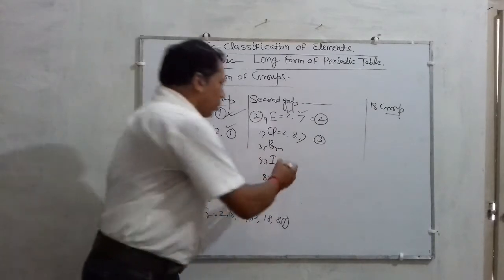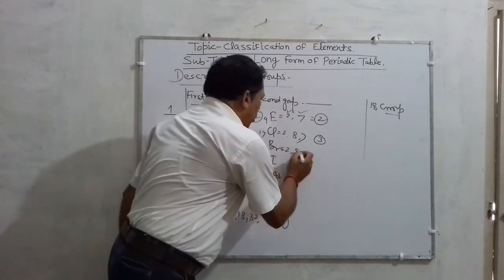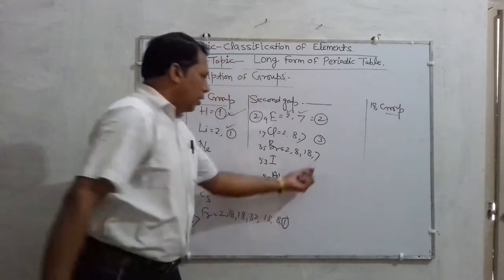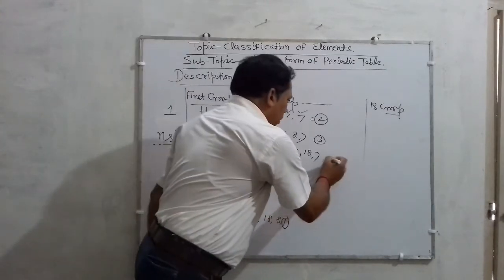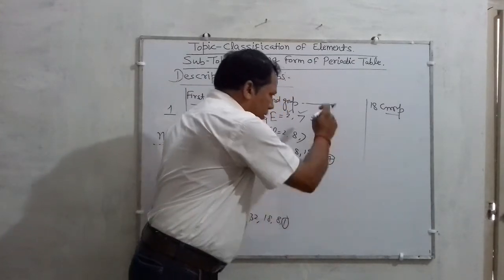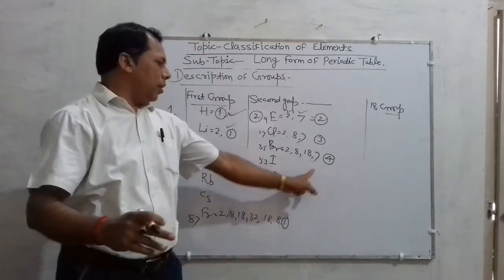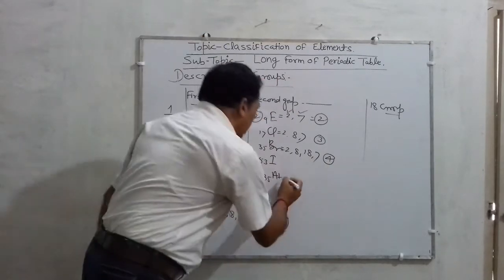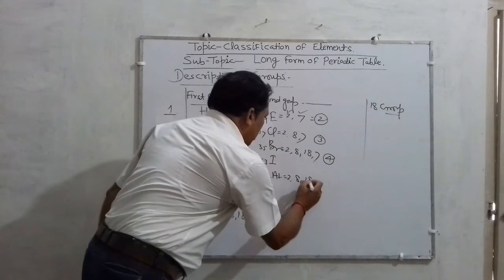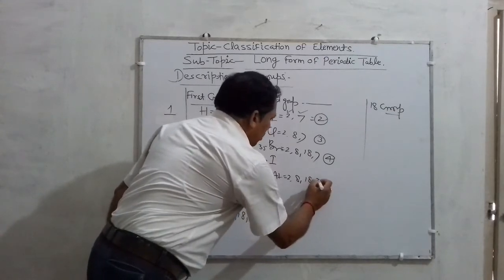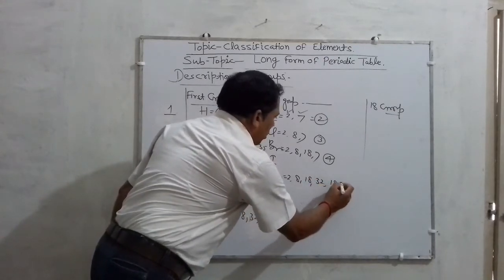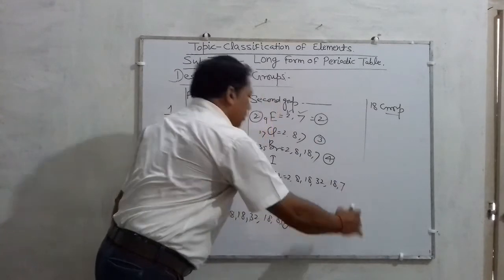Similarly, if you write bromine, that is 2, 8, 18, 7. The number of shells becomes 4. So 2, 3, 4, they just increase by 1. This is the meaning. Similarly, for astatine you can write 2, 8, 18, 32, 18 and 7 maybe.